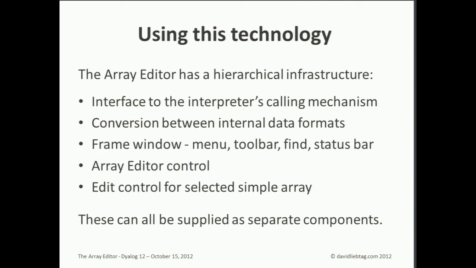This is the hierarchy of the thing. The core part, the part that we all find cool, that lets you move things around, that's this bit. And this is the edit control that actually lets you type in a simple array. Both of these can easily be turned into components that we could use in other applications. They're not currently components, but I could easily do that.